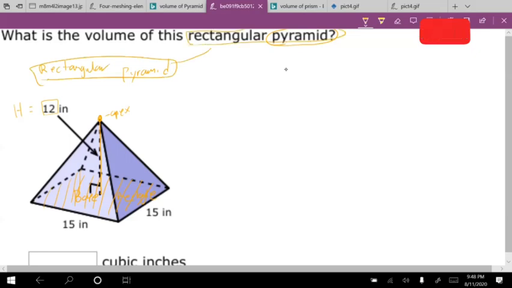Okay? So the volume of a pyramid is 1/3 the area of the base times the height. Since the base is a rectangle, the area of the base will be length times width. The width and the length are the same, so it's a square pyramid too.